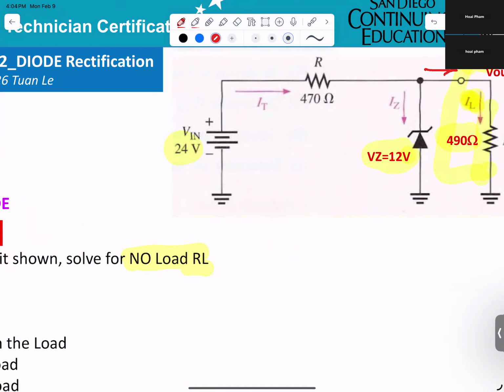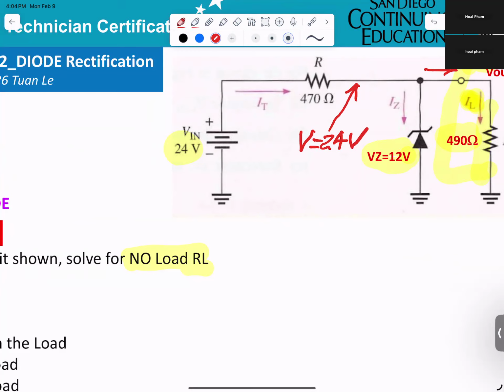Okay, now deal with the zener first. In this case, if not zener, what is the voltage here? 24. Perfect. 24 is higher than 12. Yes, they break down.